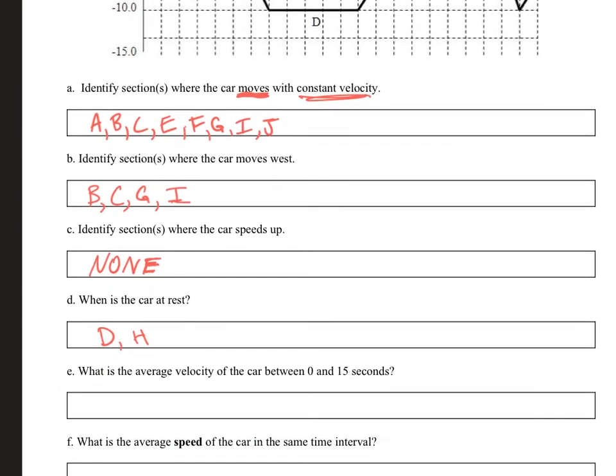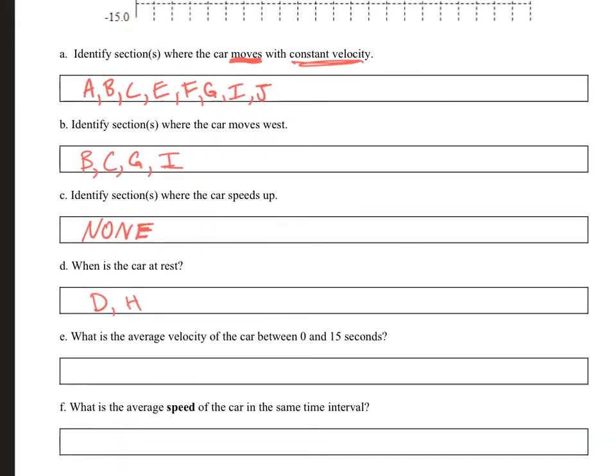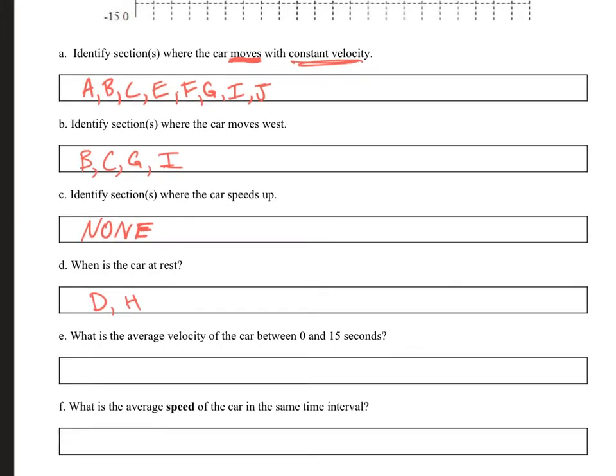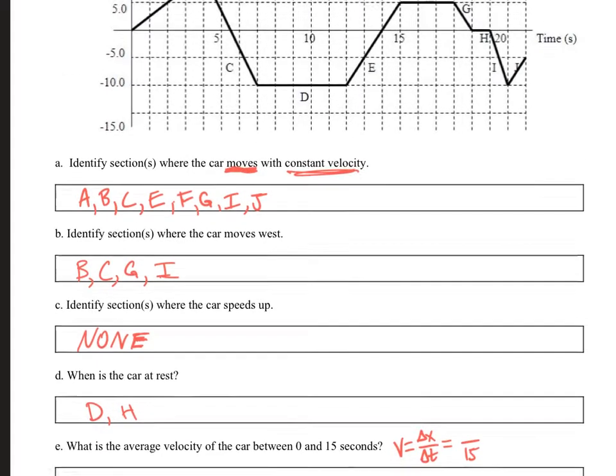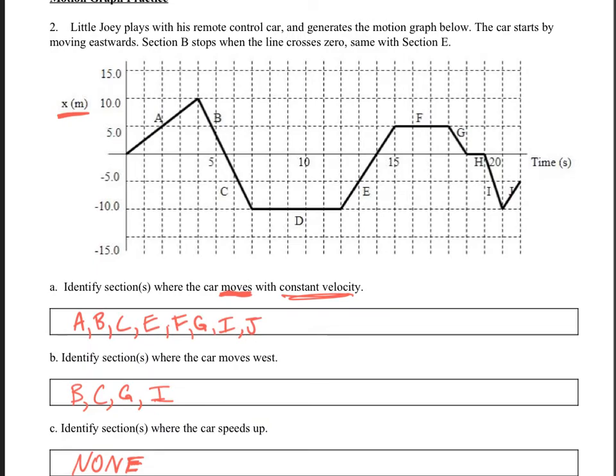Let's move on. E, what is the average velocity of the car between 0 and 15 seconds? Same question as the last problem. Velocity is displacement over time. So the time is 15 seconds. Now what's my displacement from 0 to 15? Since this is a position graph, displacement is just final minus initial position. My initial position is 0.